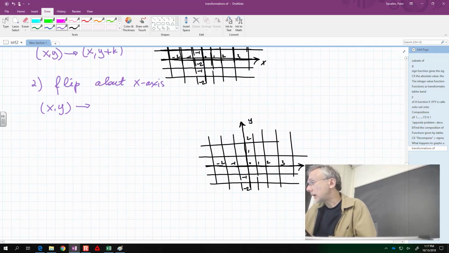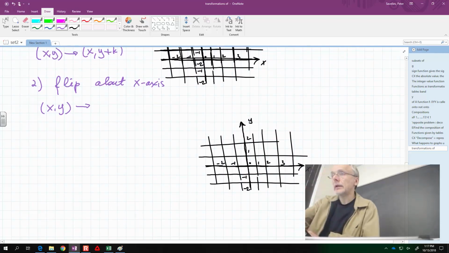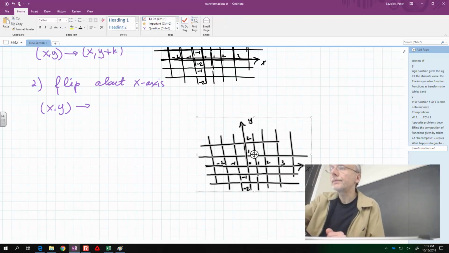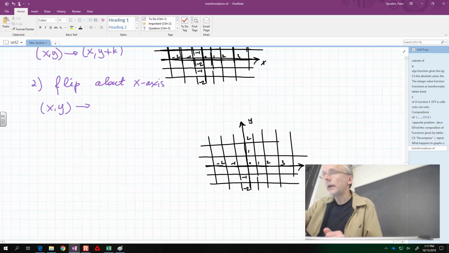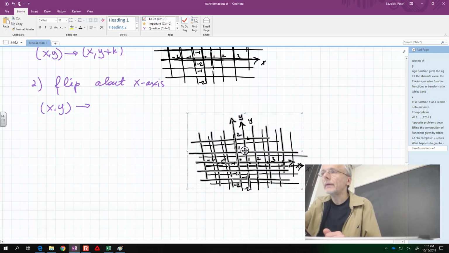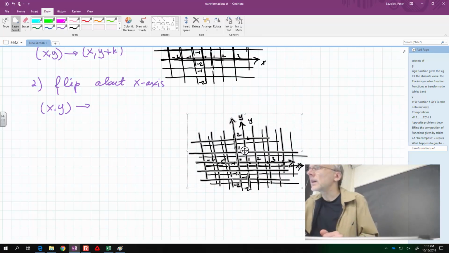So that picture does not have a grid on it, but this one does. So let me copy and paste. I'm not sure if I have a flip here. There is a rotate here.